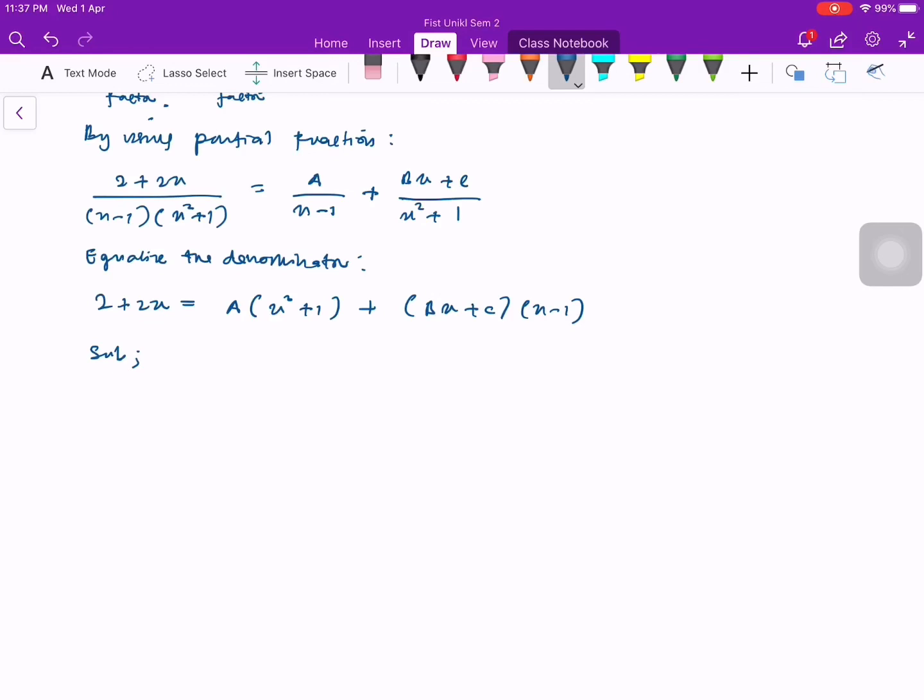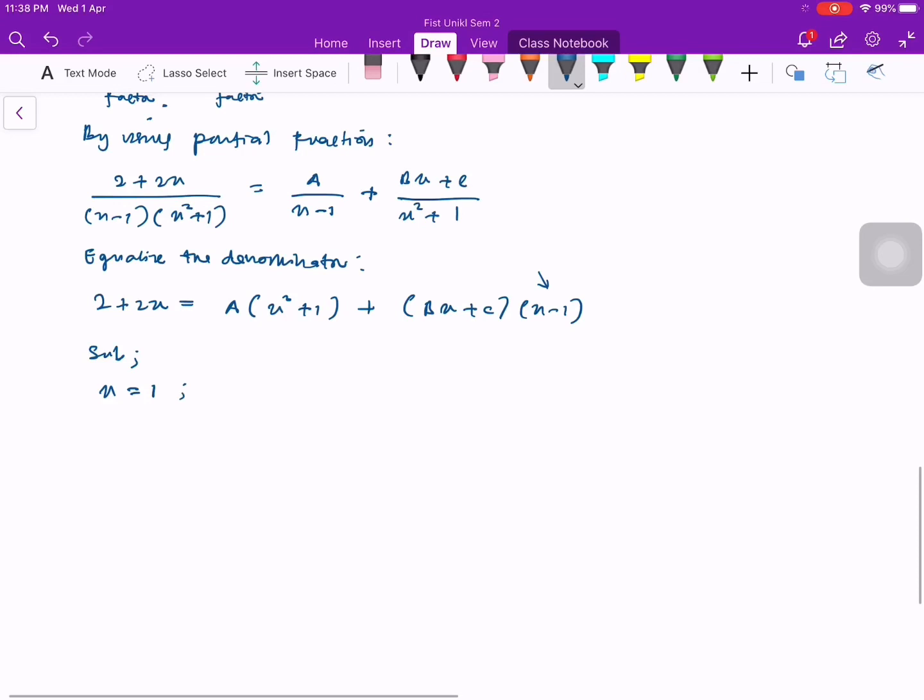Or students can use the comparison method, as we learned in class before. So either one you can use, but for this example I prefer to use substitution. I will choose the first one, substituting x with 1, so that for this factor, b and c will be cancelled, and I will get the value of a.